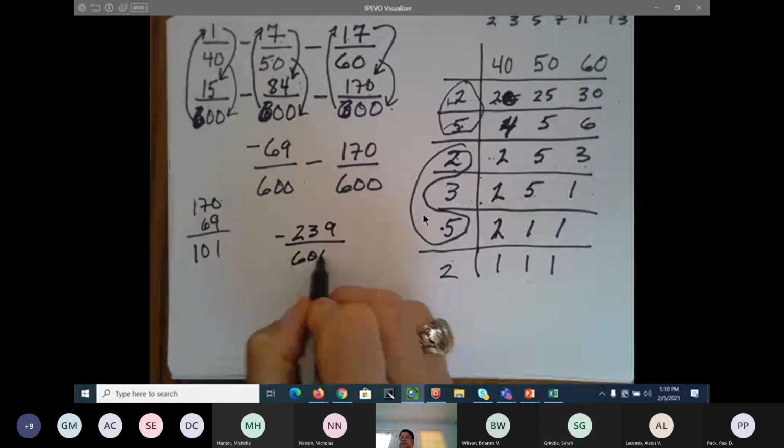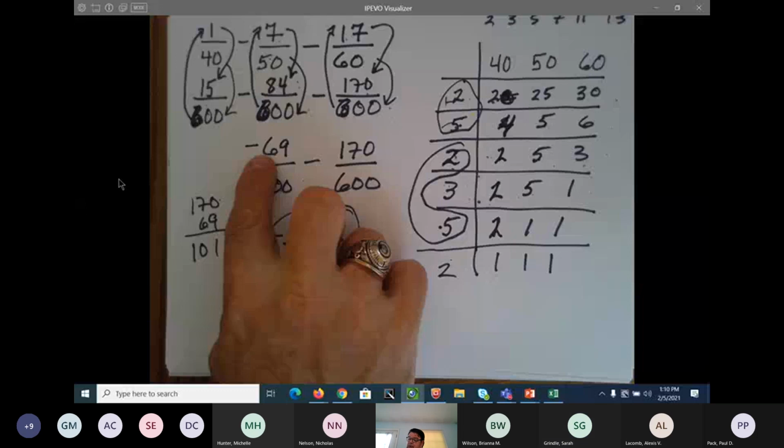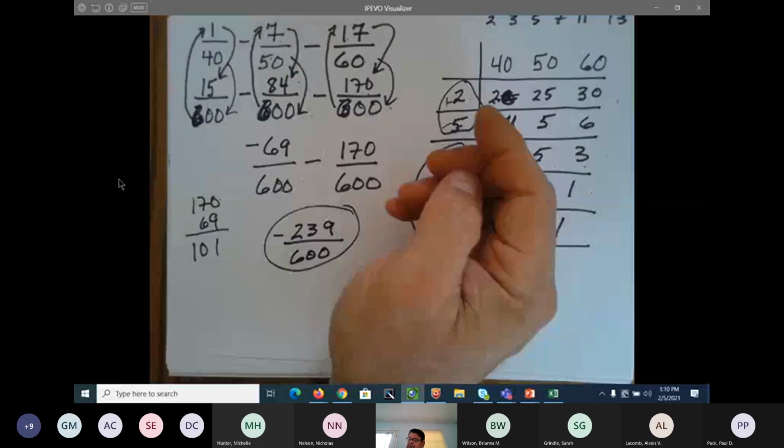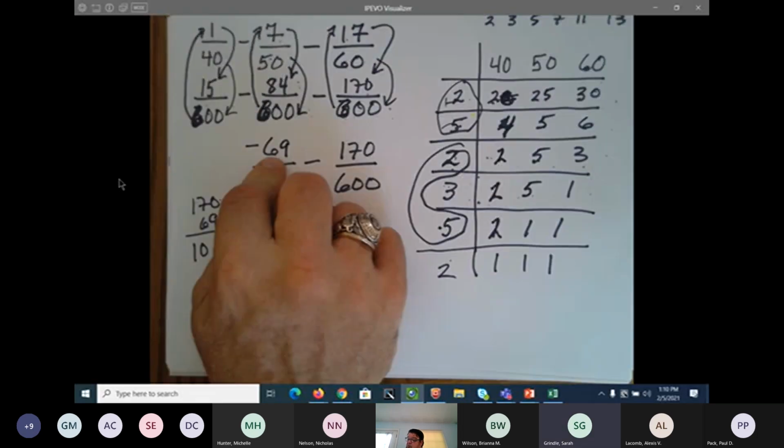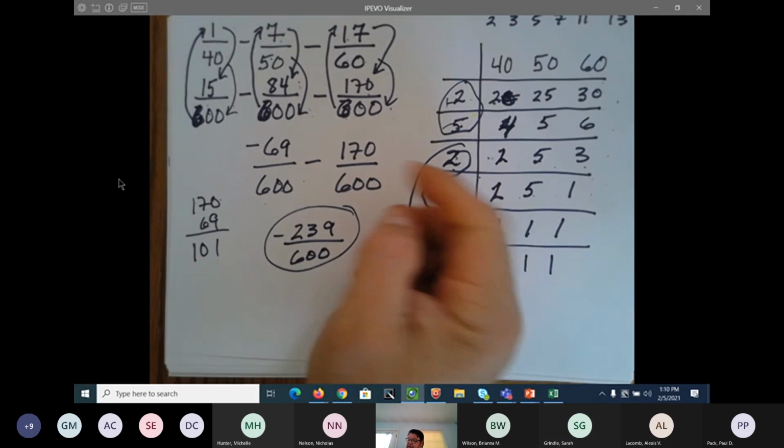That's what I got. Y'all check my math. Check it right here where I took 15 minus 84. Check that and make sure it comes out to be negative 69. Yeah, that does. And then take negative 69 and subtract 170. See what you get.